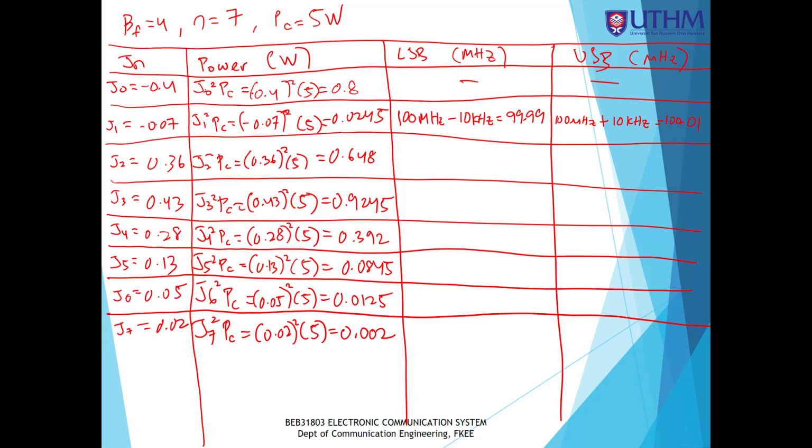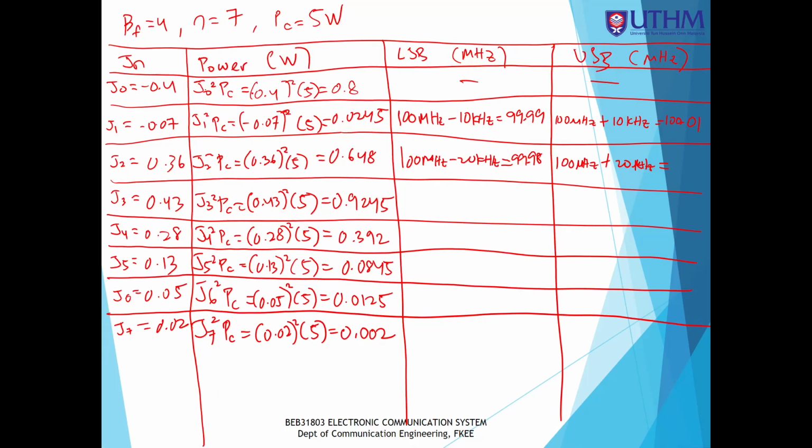Here is 100 megahertz minus 20k, this is 99.98, and this is 100.02.